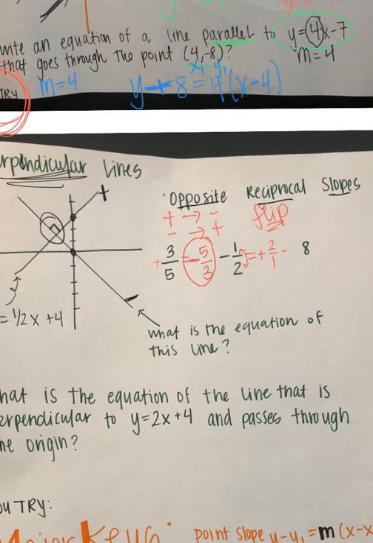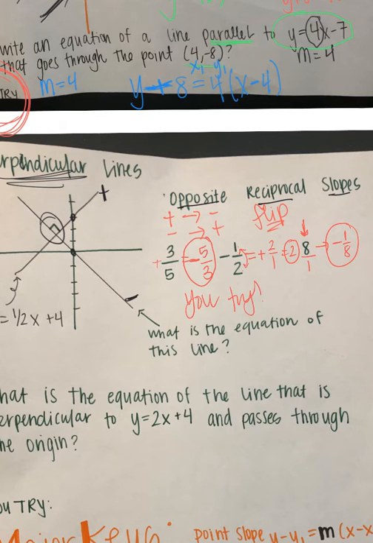I can actually reduce that all the way down to just 2. With this one, 8 is currently positive, so we know it's going to be negative, but how do I flip 8? Well, really, this is 8/1, so when I flip it, it's going to become -1/8.